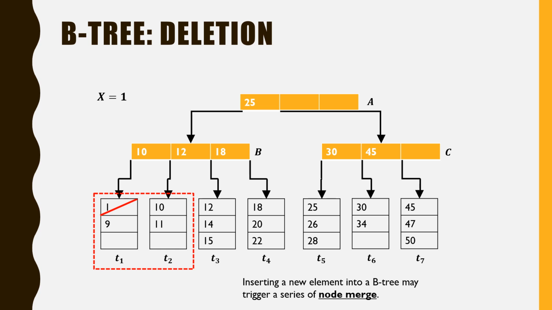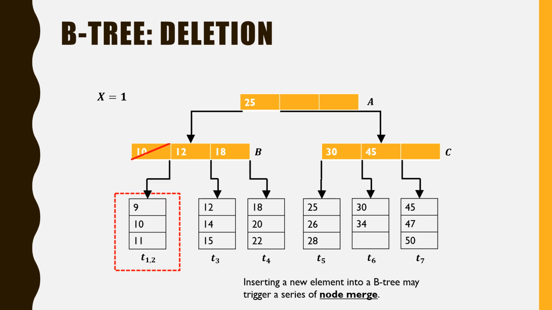It cannot borrow any element from T2, as T2 already contains the minimum of 2 elements. In this case, we should perform a node merge, which is the inverse operation of a node split. The two leaf nodes, T1 and T2, are merged into the leaf node T12, as highlighted by the red box.